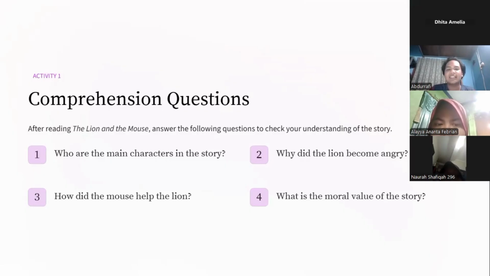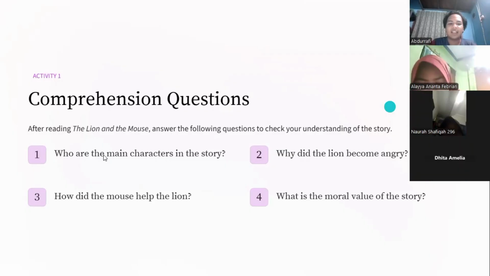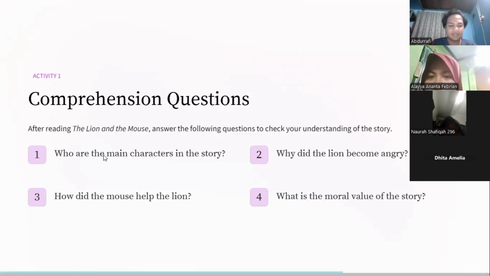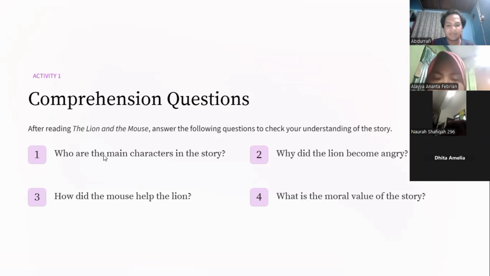Next, the second question is, why did the lion become angry? Can anyone answer this question? Me, Mister. Okay, Alaya, please. The reason is the lion became angry because the mouse accidentally woke him up.